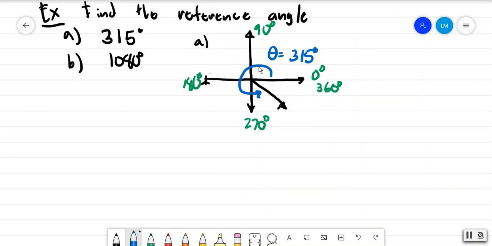That angle, remember, is theta prime. The way that we find that is relative to 360: theta prime is equal to 360 minus 315. Notice that that gives you 45 degrees. So the reference angle is 45 degrees, and that's it.